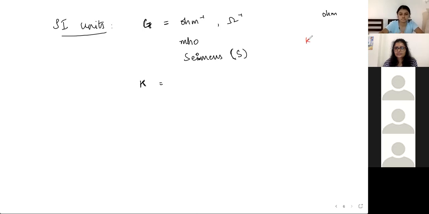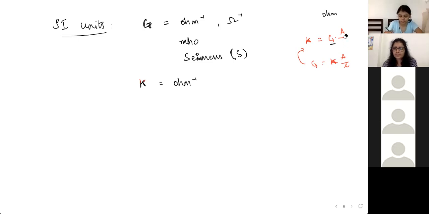So K or G happens to be K into A by L. If you rearrange this, K will be equal to G into L by A. Based on this, what would be the units?